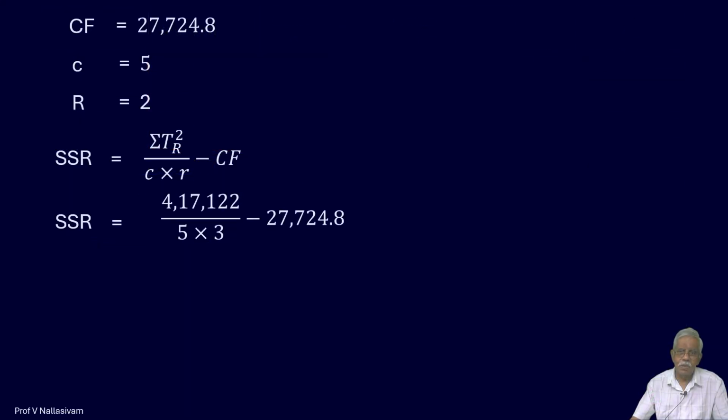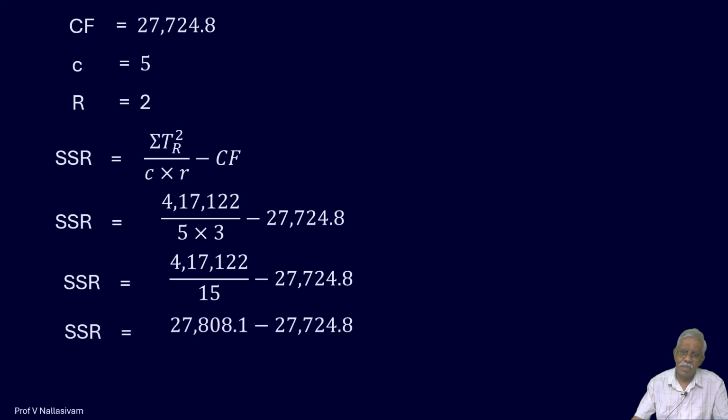We shall substitute the values in the formula. 4,17,122 divided by 5 times 3 minus 27,724.8. 4,17,122 divided by 15 minus 27,724.8. 27,808.1 minus 27,724.8. SSR equal to 83.3.